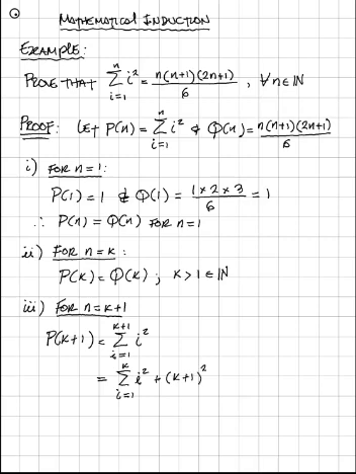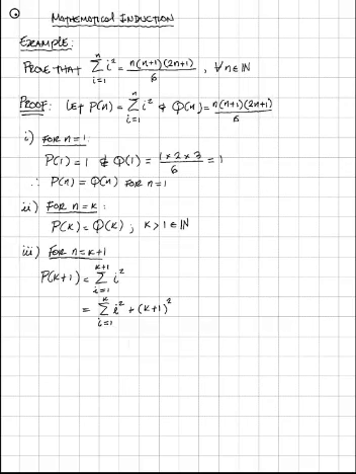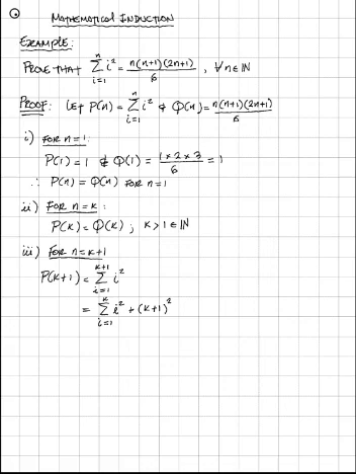I'm going to make more room. So let me do this. All right, and this first part is the same as P(k) by definition. So this is P(k), and this is (k+1) squared.